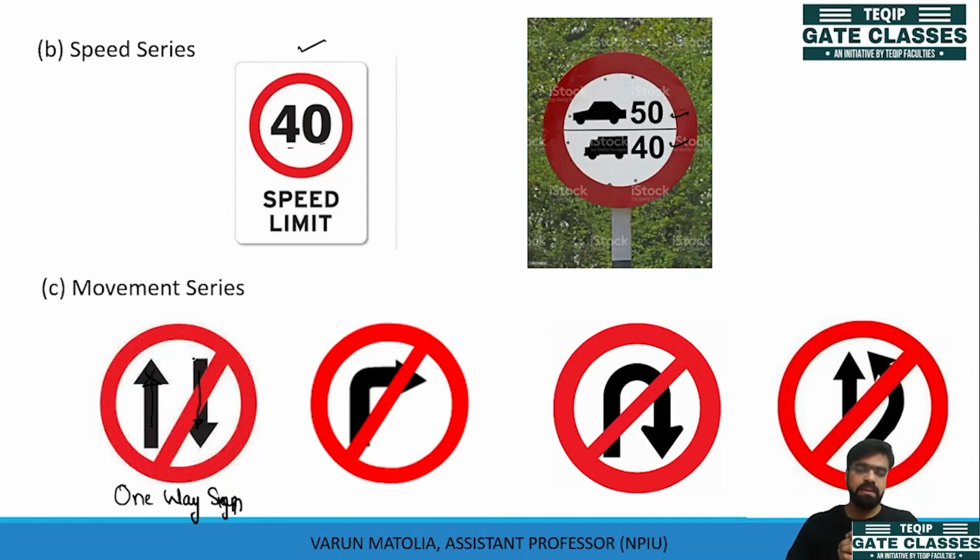The second sign is self-explanatory: if you want to turn right, it is prohibited. The black legend tells you about the right turn, and the red cross mark tells you about the prohibition. This is the right turn prohibited sign.